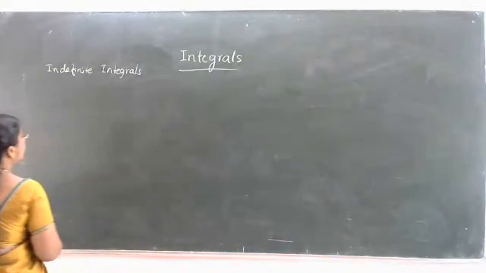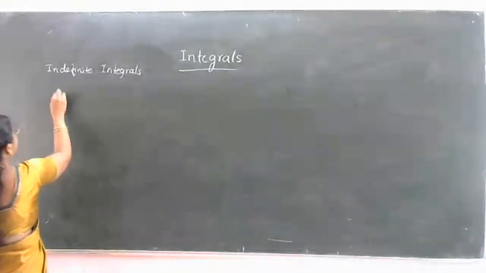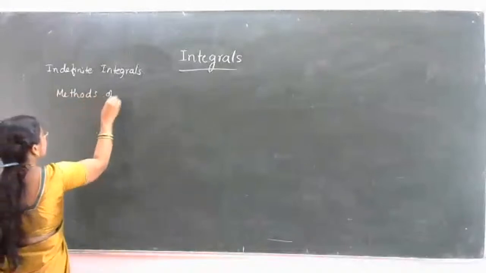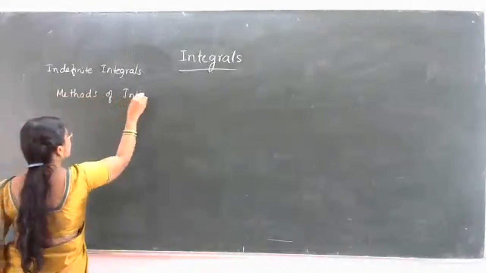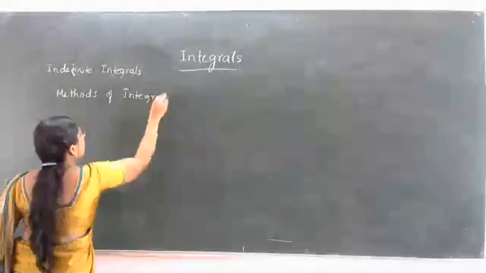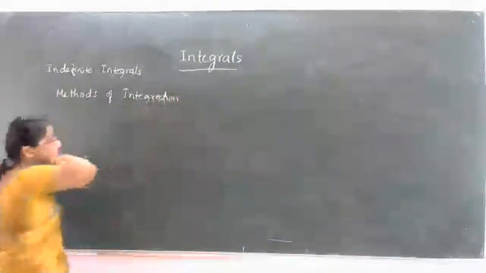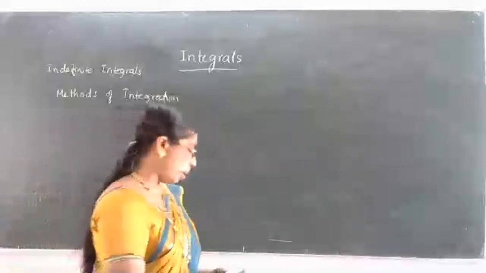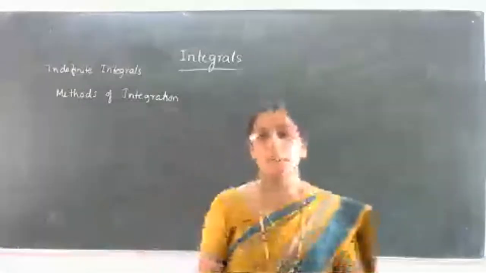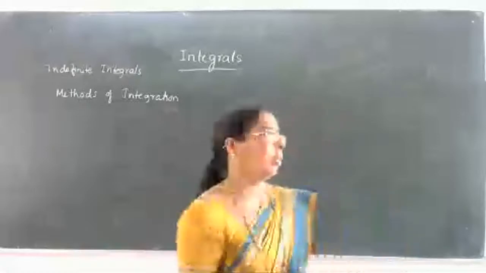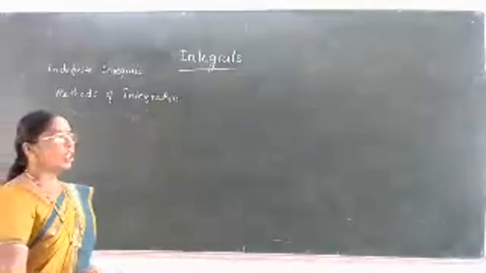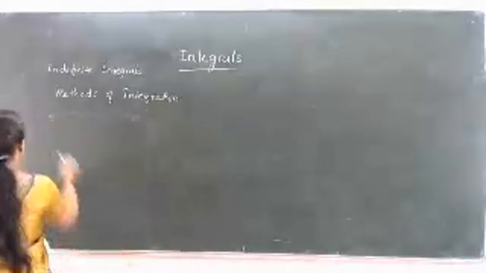Those are methods of integration. There are three methods. First one is substitution, another one is partial fractions, and the third one is integration by parts. First method is the substitution method.